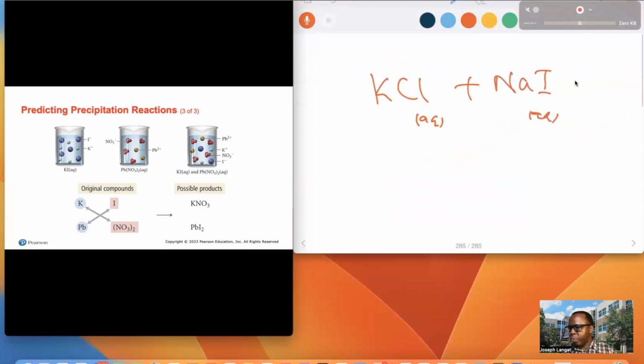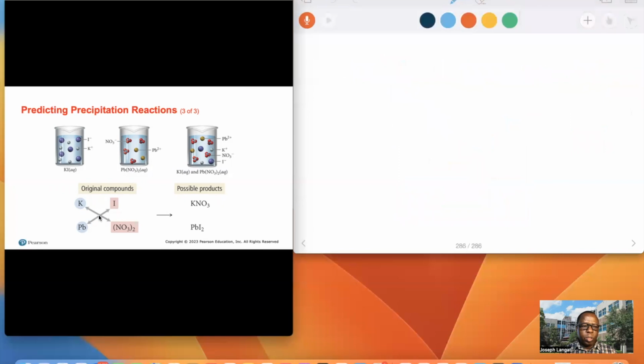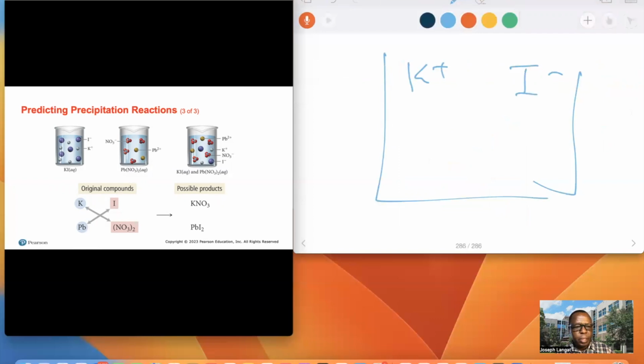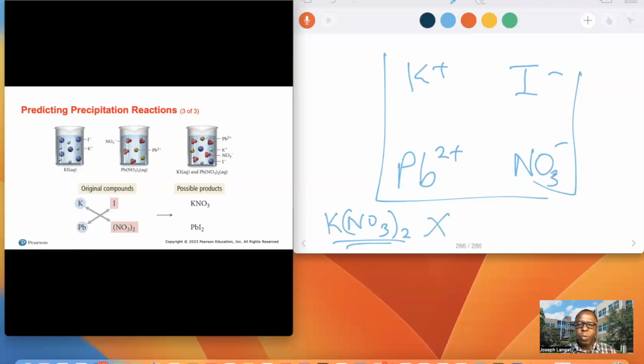So for this, right here, if I was to write this, it will look like this. K positive and I negative, Pb 2 positive and NO3 negative. You see, when it is in this format, somebody might think that I'll write it KNO3, which I have seen in lab reports. This is wrong. You are saying that potassium is in group 2, which is not the case.